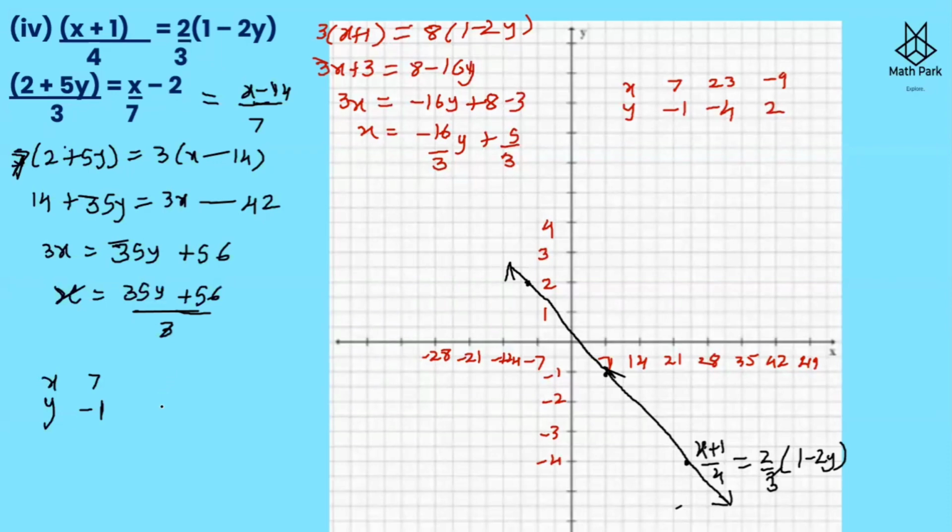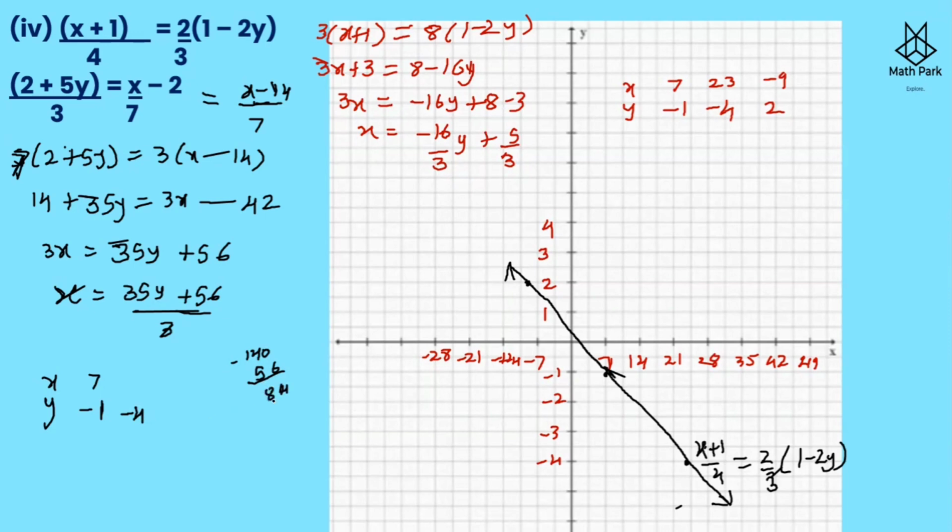If you take the value of y as minus 4, you have 35 times 4 is going to be 140. Minus 140 plus 56, you get this as minus 84.